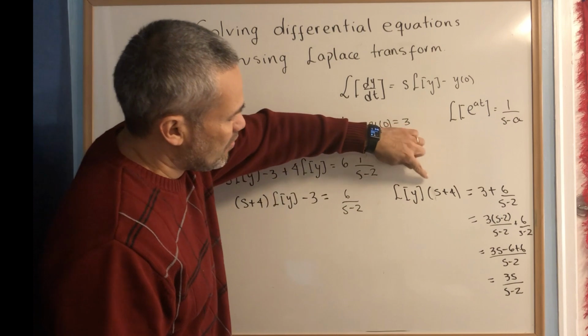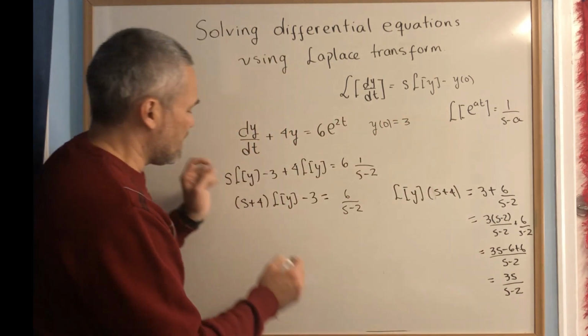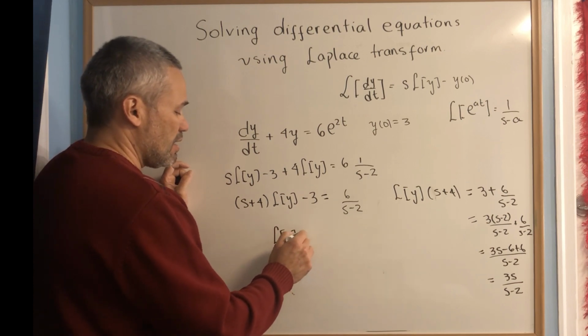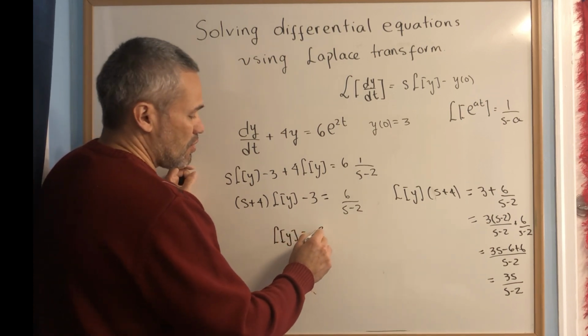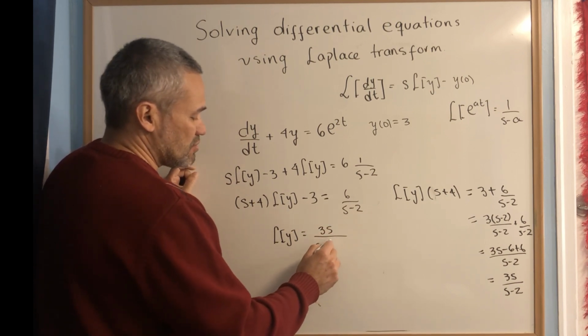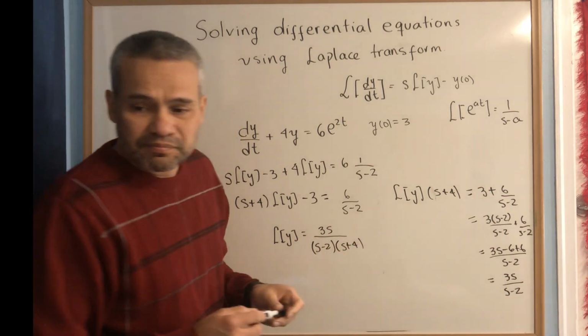That means that when I divide by s plus 4, I get that the Laplace transform of y is equal to 3s over s minus 2 times s plus 4.